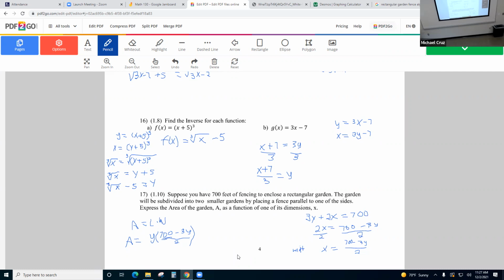I don't think there's really a way to simplify it. I guess we could do this. So for x, it wouldn't be 350 minus 3y over 2? Yeah. Okay, yeah, we can do that. By dividing 2 into the 700? Yeah, we can do that. Just this one is still going to be 3 halves.